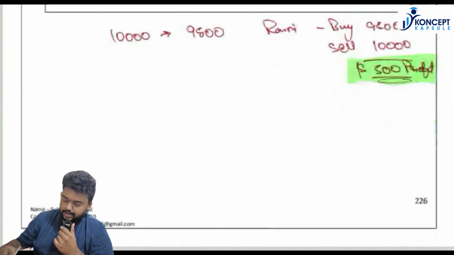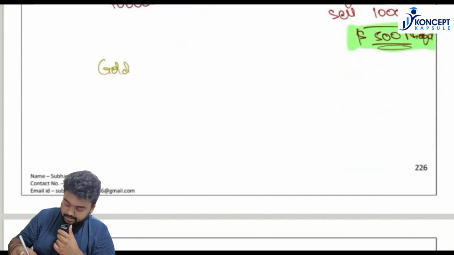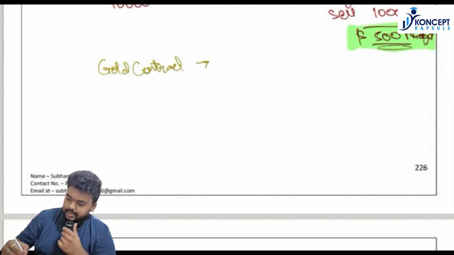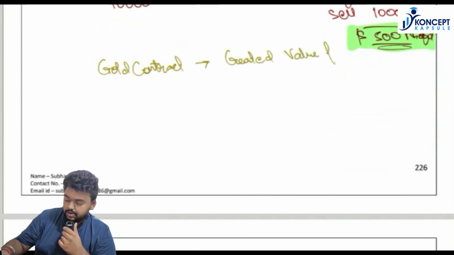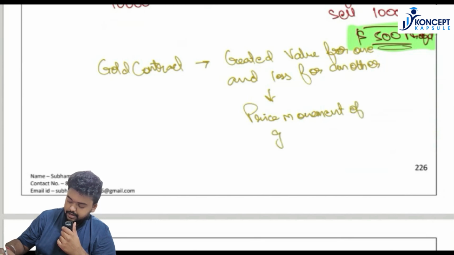Now, if you look at this gold contract, this contract created value for one and loss for another, just based on the price movement of gold, right?